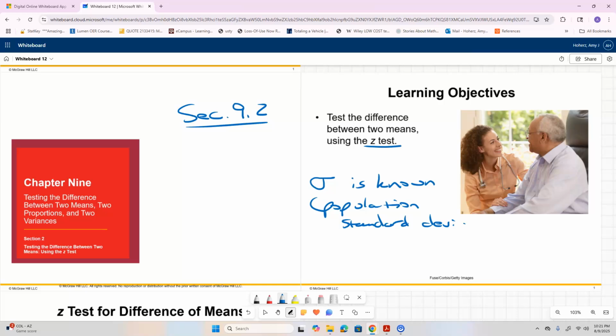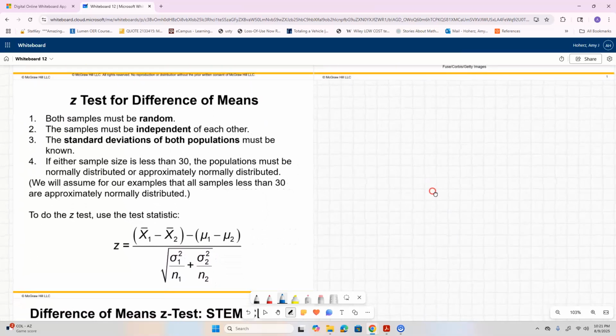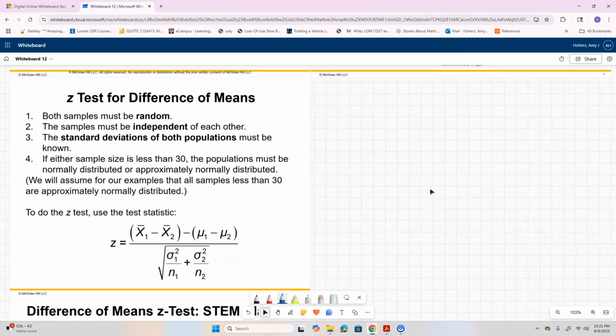And so because we know the sigma, we can use the z-test. Now, one of the things about this type of hypothesis test is the formula looks very intimidating. But if you look at the formula, well, I'm getting ahead of myself.